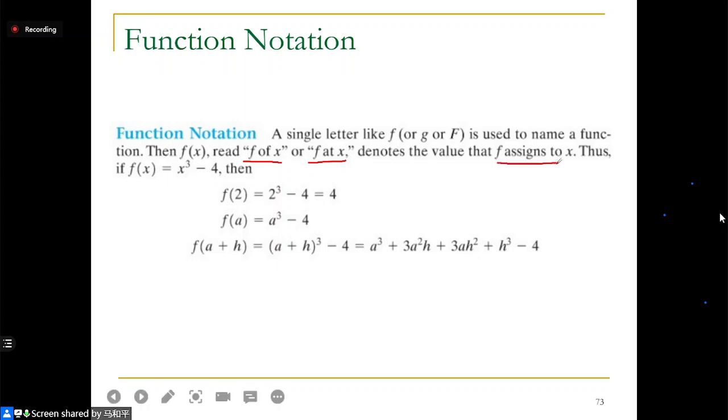Thus, if f(x) is x cubed minus 4, then we have f(2), the value f assigned to 2. So this means x is 2: 2 cubed minus 4 is 4. f(a) is a cubed minus 4. f(a plus h) is equal to (a plus h) cubed minus 4. Right? This is how to calculate the value of f at x.